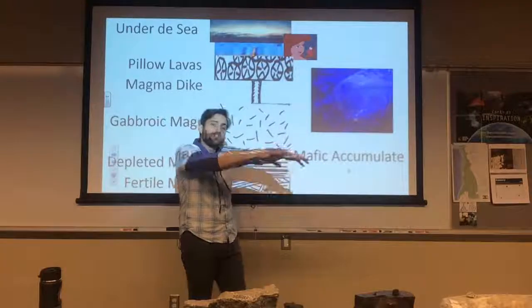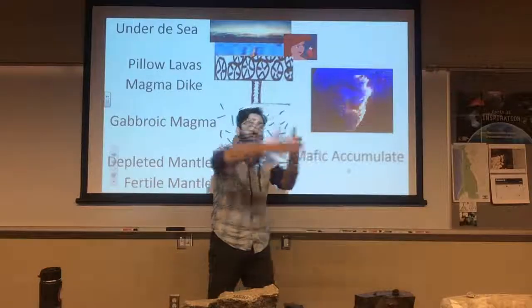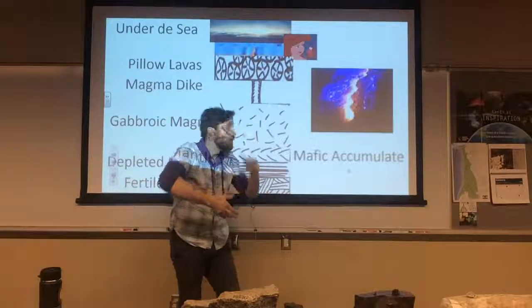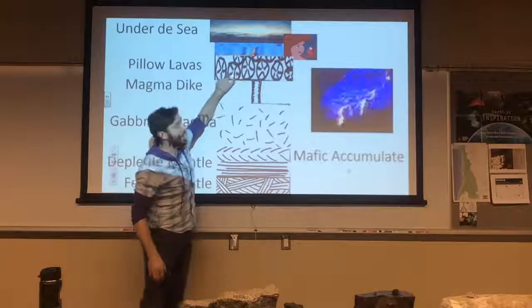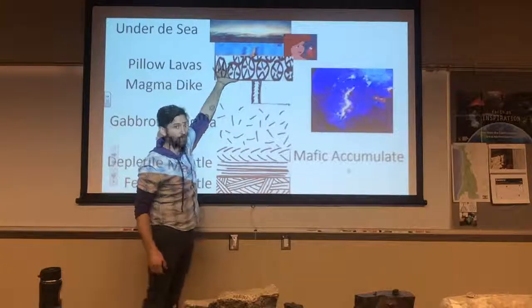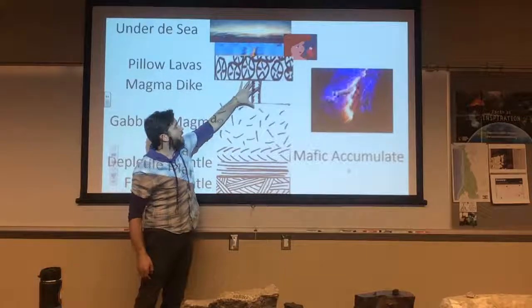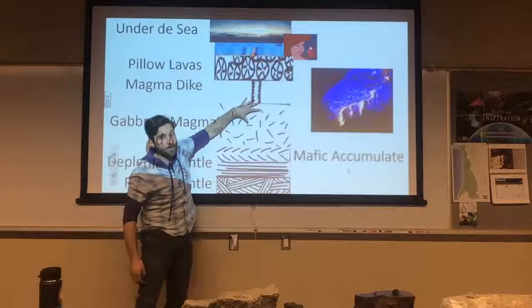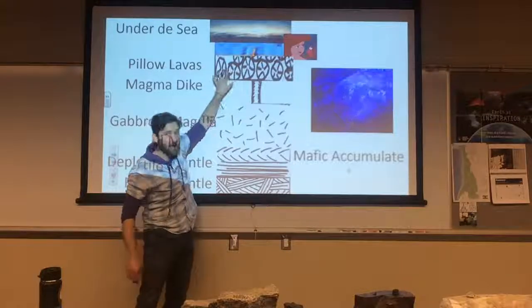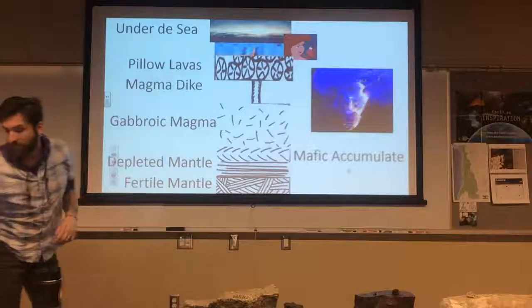Of course, they're not tubes, they're filled with lava, wormy tube-like features, but when you cut them in half, they look like these round bicycle wheel things, okay? So pillow lavas, or pillow basalts, as the magma erupts as lava on the surface of the bottom of the ocean.